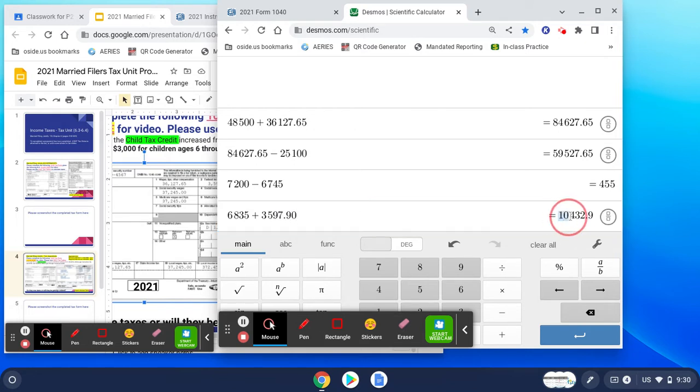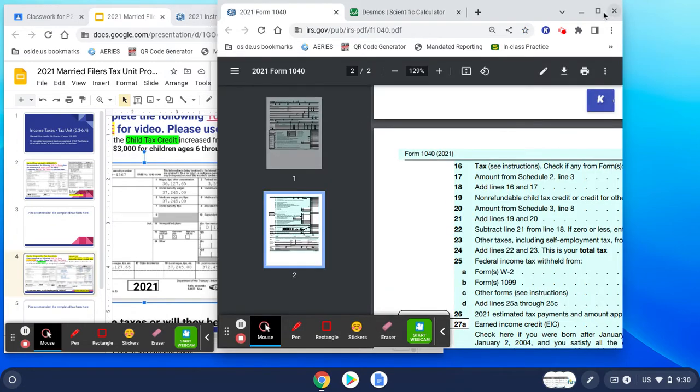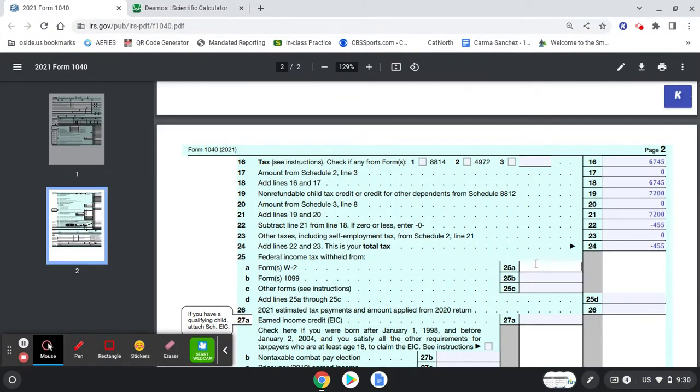So $10,432.90 is how much the government took from us on our W-2s.